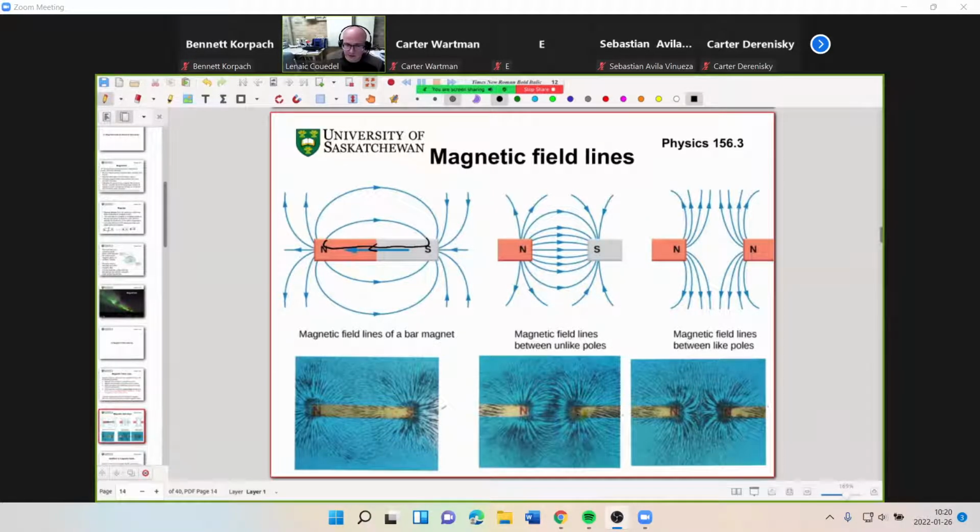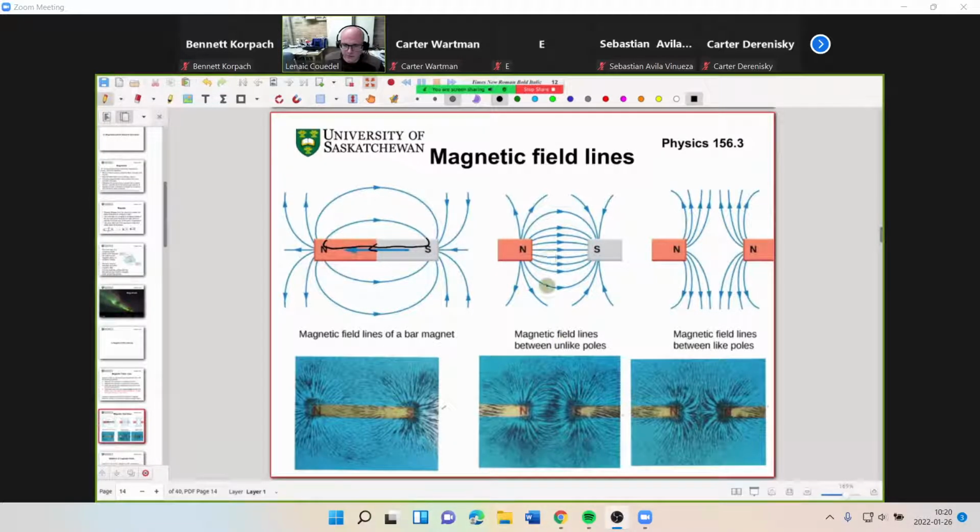Now you have the experimental picture for the two bar magnets with north and south pole facing each other. You can see again that the experimental magnetic field lines strongly resemble what you could expect from a raw calculation. Again, here's a question.